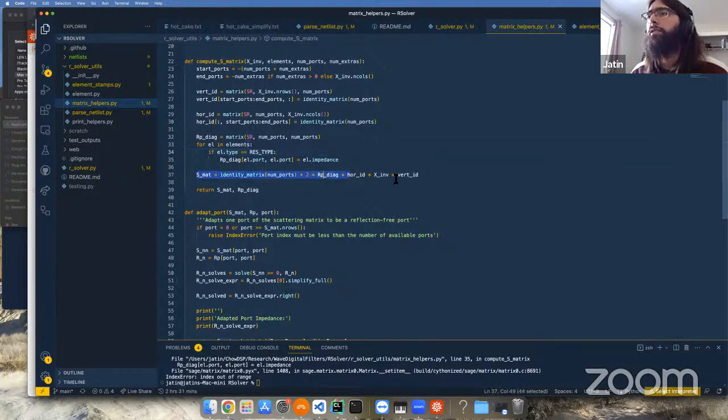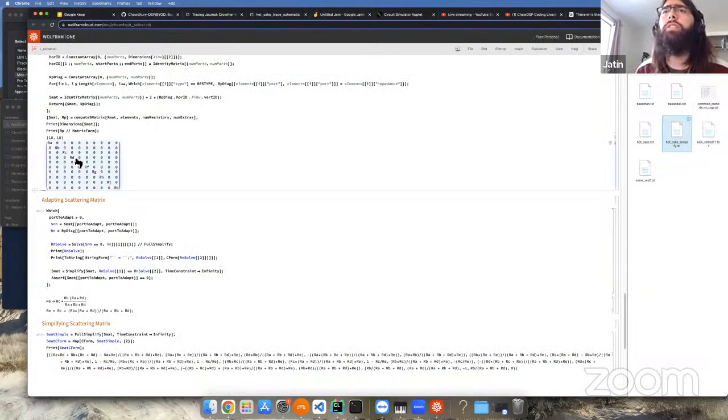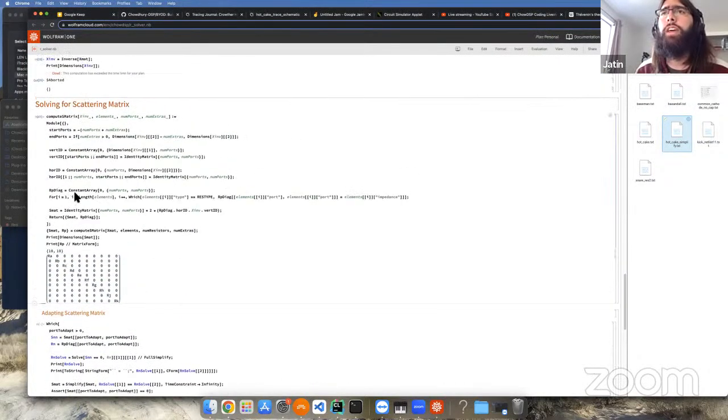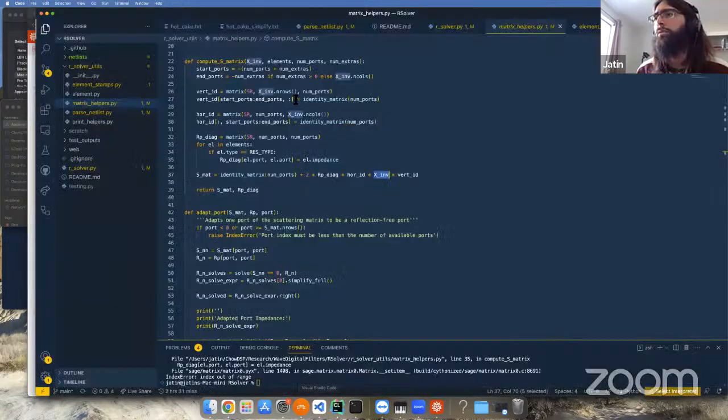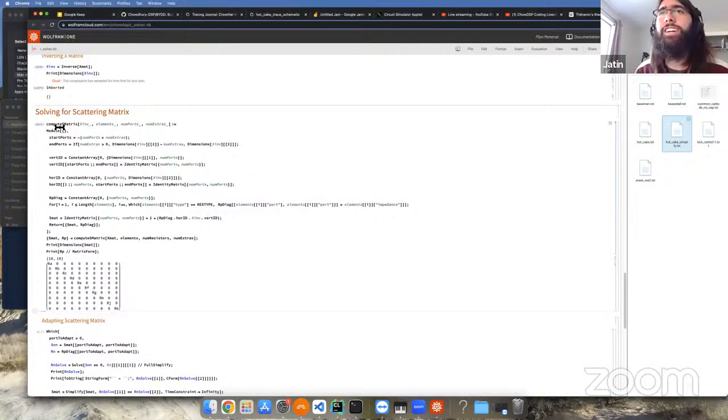That comes from this compute S matrix function. Oh, I see. Okay, so to get the final scattering matrix, we need this equation here, right? So we have our X inverse matrix here, and it's also called X inverse in the Mathematica version. So you have this X inverse, and we need to multiply it through these set of things.